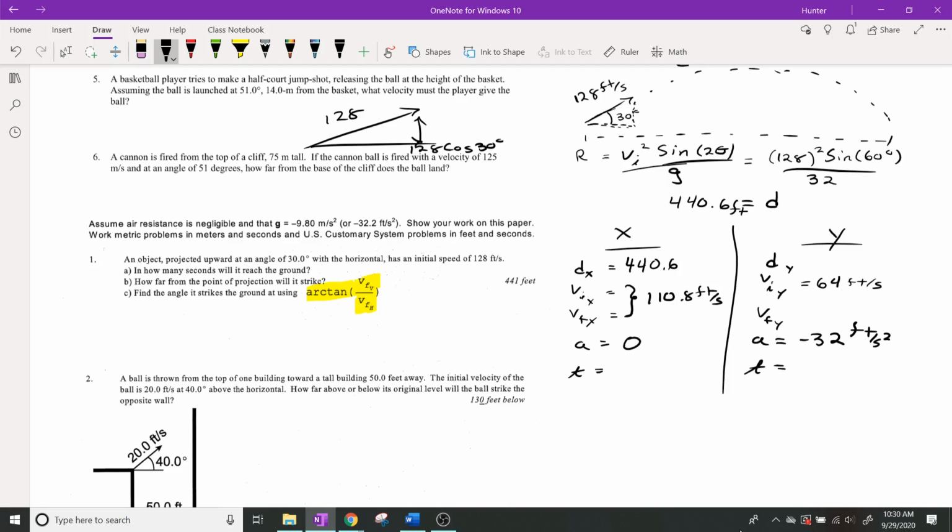So you just type in 64 divided by 110.8, and then you tan negative 1. If you did that right, it should come out to be 30 degrees. That's what they're just wanting you to verify. Like, did you get your velocities correct? So you can work backwards and find that angle. So how many seconds will it take to reach the ground?